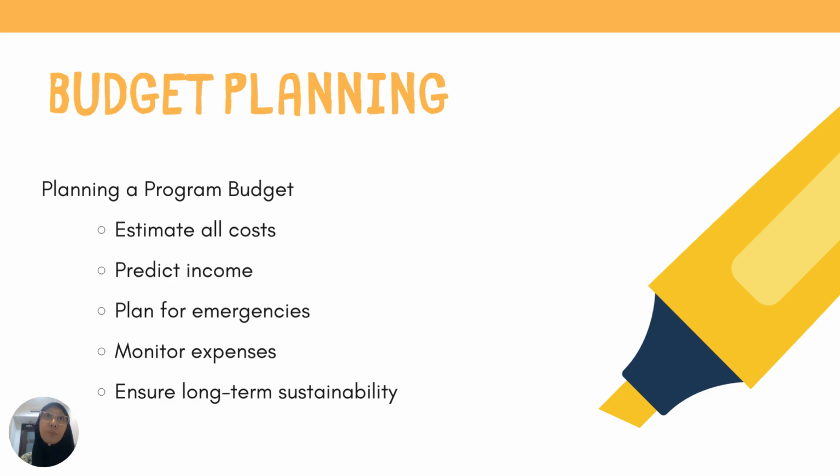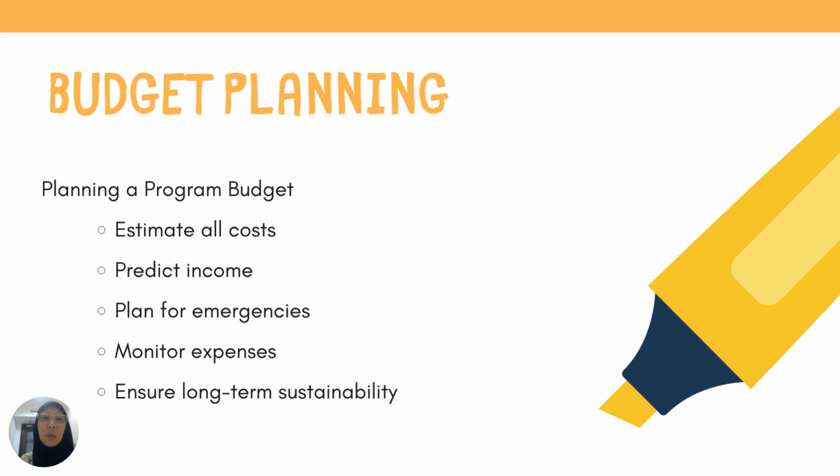Now having funds only is not sufficient. You must know how to budget your fund. You must know how to spend your funding. Therefore, budget planning comes in. Planning a program budget will include estimating all costs involved in your program operation.